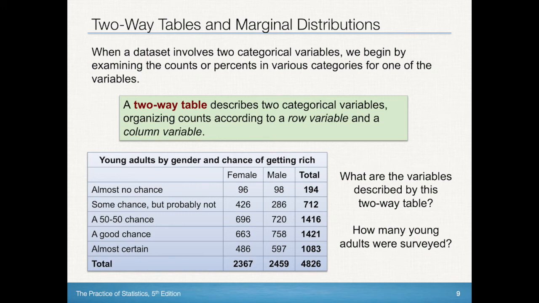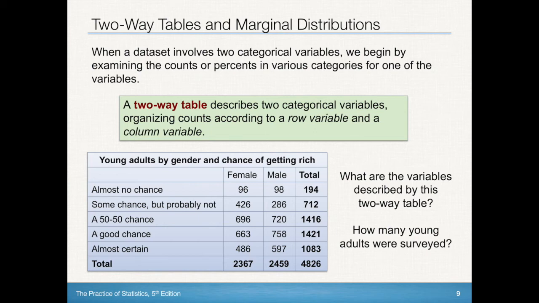But one of the key features about a two-way table is the literal ability to read it in two different ways. I can read down the column of females and talk about their ideas of the chances of getting rich. Or I can read across the rows and understand the difference between males and females and their belief that there is no chance at getting rich or a good chance of getting rich.